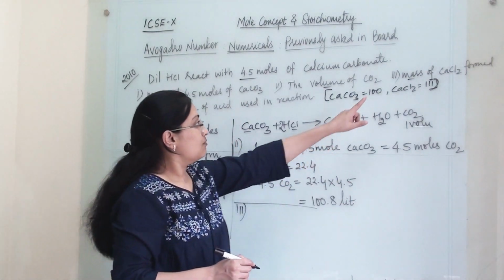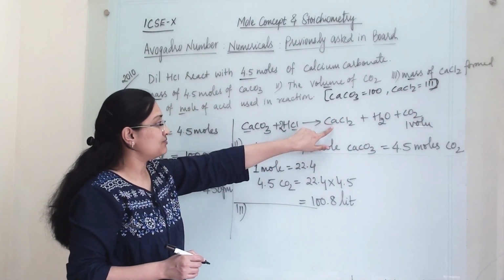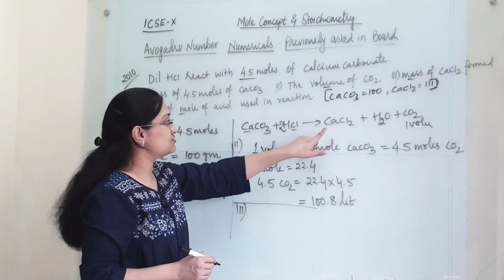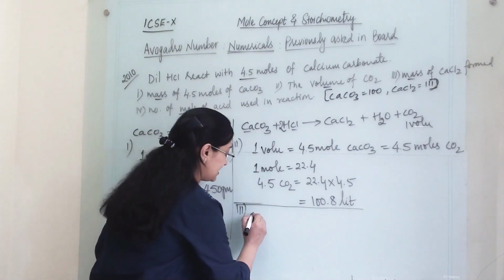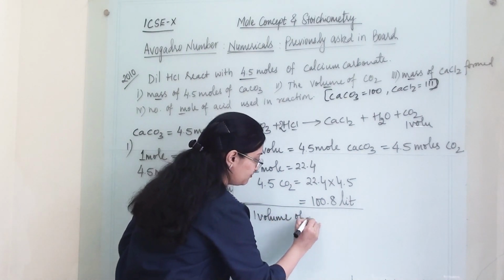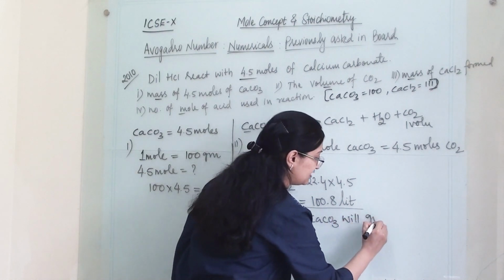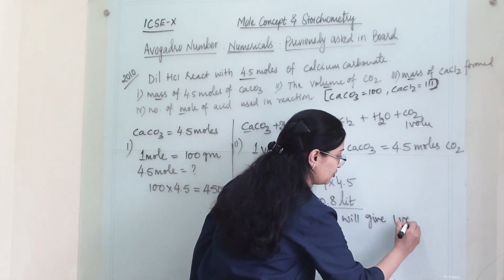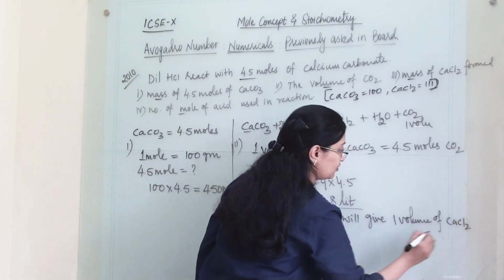Third one, mass of calcium chloride formed. Here calcium chloride is also 1 volume. We will write here that 1 volume of calcium carbonate will give 1 volume of calcium chloride.